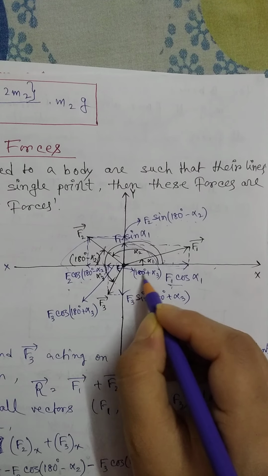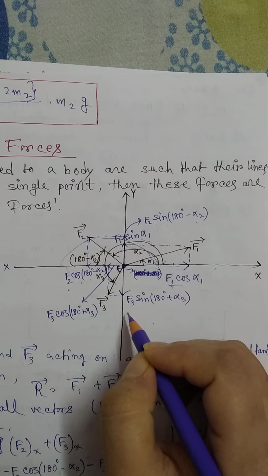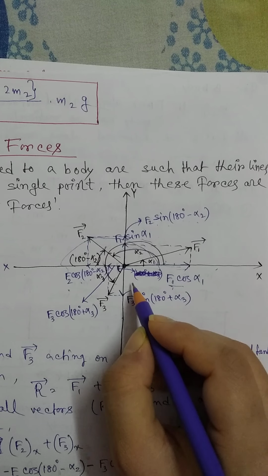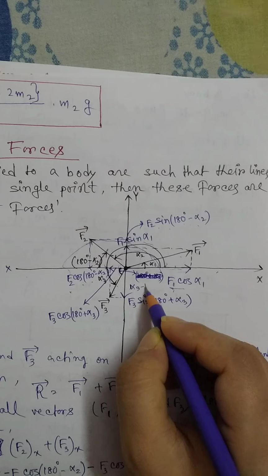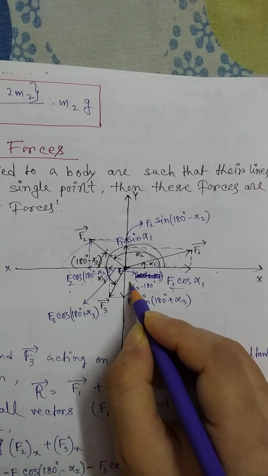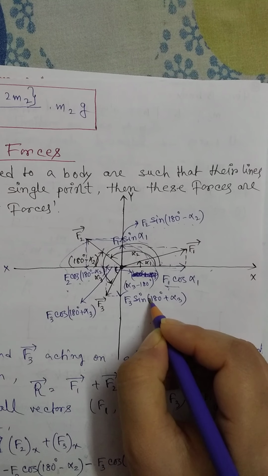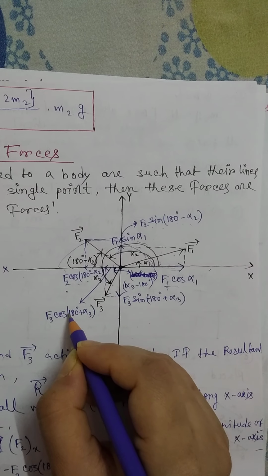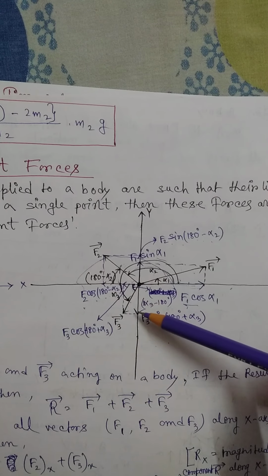This one is alpha 3 minus 180 degree, right? So we should take minus, and this one is also minus. That means one component is along this side.